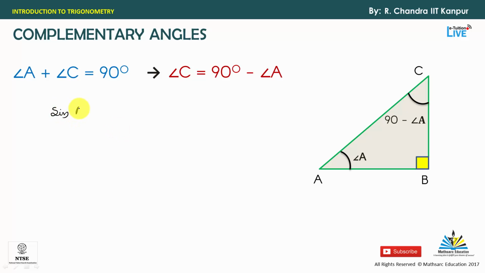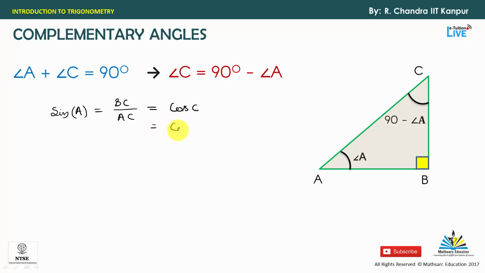Sine of angle A can be written as BC upon AC. If we think a similar way, then the ratio BC upon AC with respect to this angle can be written as cos of C, cos of this angle C. But what is cos C?